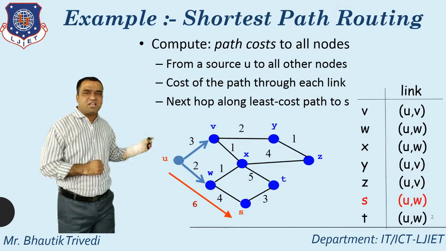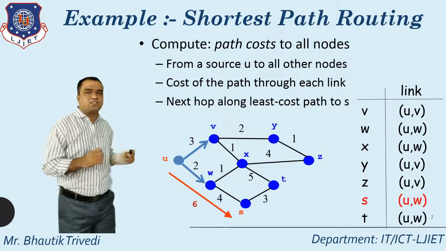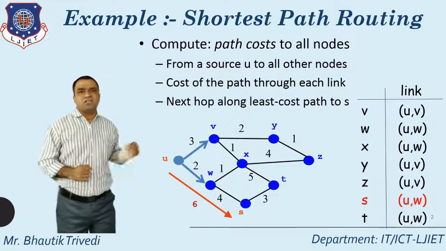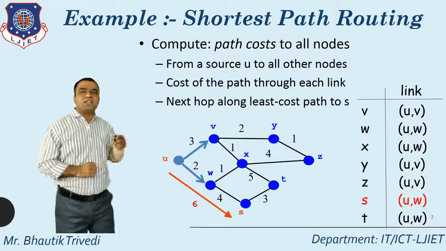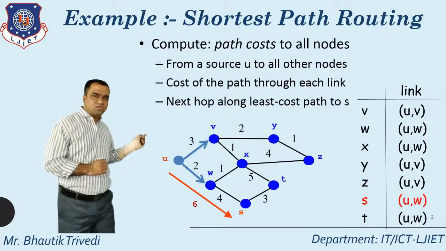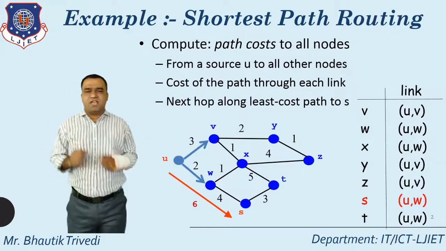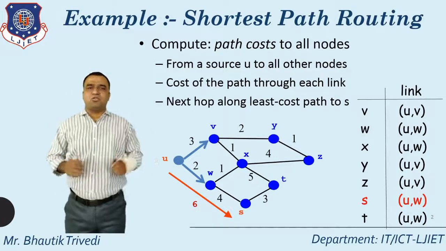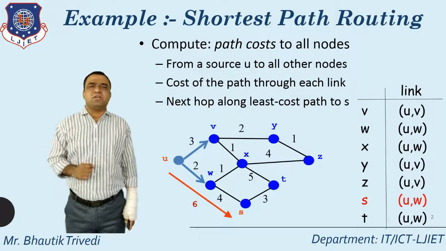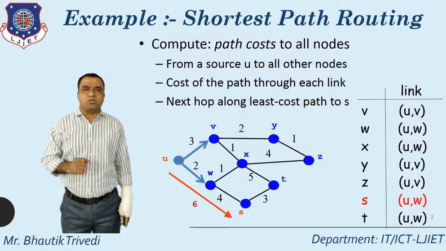But if I select U to V and V to X, that supports 4. Out of 3 and 4, which one is the least cost? That's 3. That's why I select this path as the shortest path. This is the way you can perform the calculation for the different nodes. This is about the concept of shortest path routing.